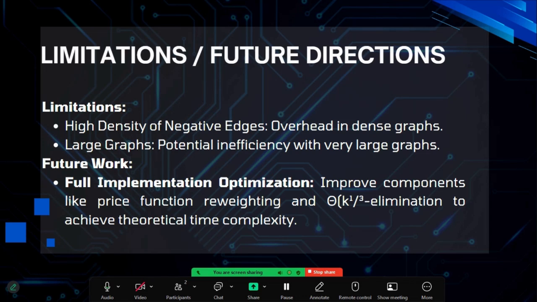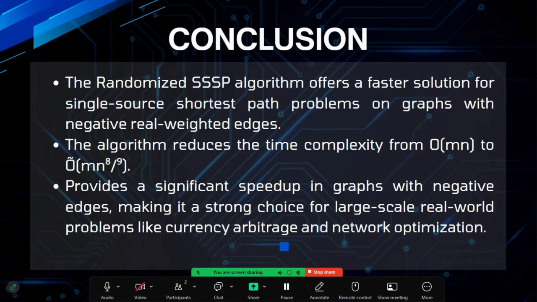In large graphs, it also has a certain inefficiency. For future work, as we discussed earlier, we'll be implementing the full algorithm so that the desired time complexity is achieved, and we could improve on components like the price function updating and the elimination that we skipped this time.